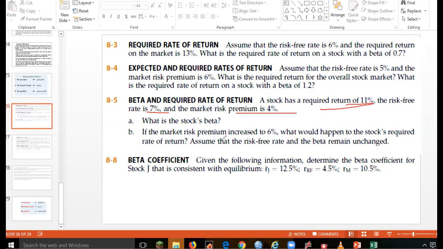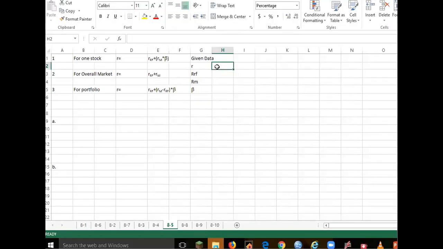So stock beta is required in requirement A. So this time required rate of return is given, which is 11%. Risk-free rate of return is 7%. Risk premium is 4%. And the beta is required. So we are going to calculate beta on a stock.